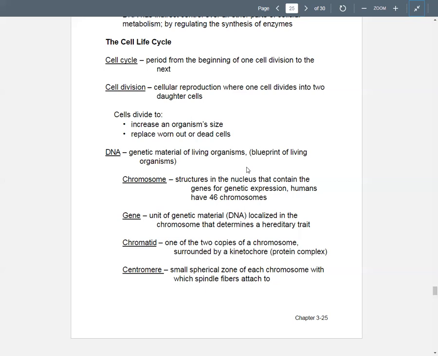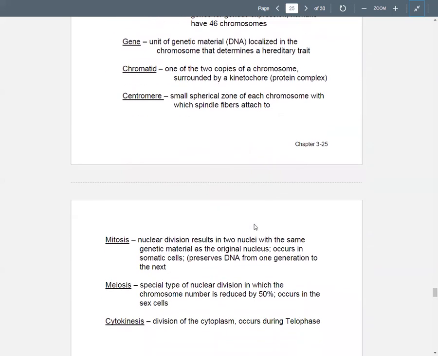And around that chromatid is what we call a kinetochore. It's a complex of proteins surrounding it. Another term, you've heard this already, the centromere. It's a zone of your chromosome where the spindle fibers attach. And that helps to move the chromosomes when it's time to divide the cell.